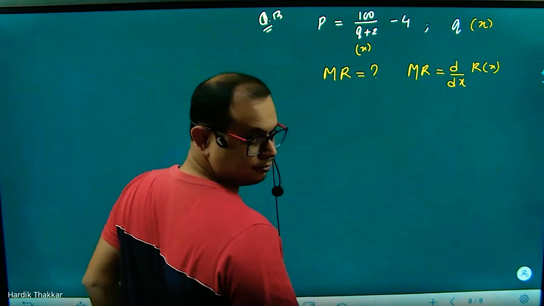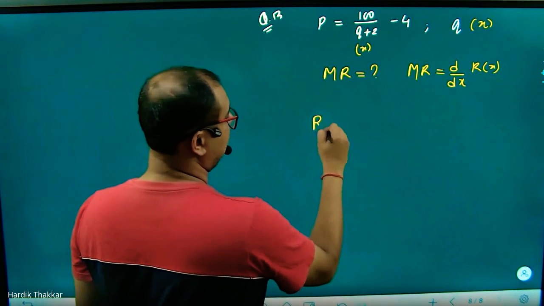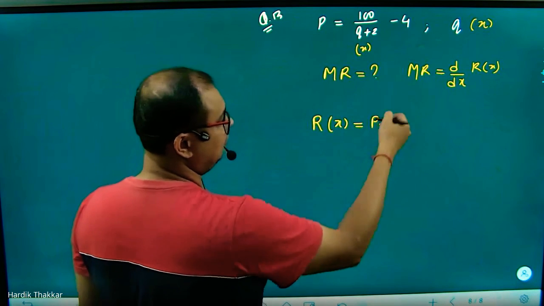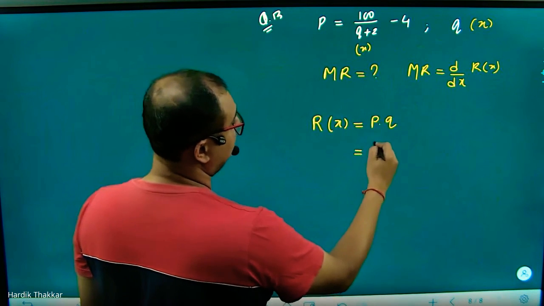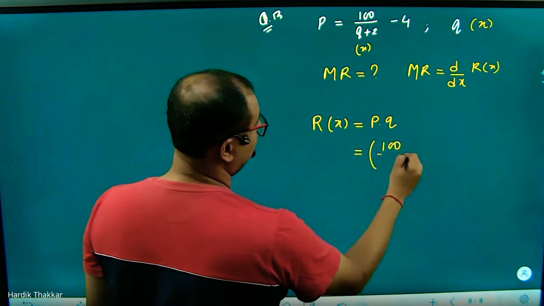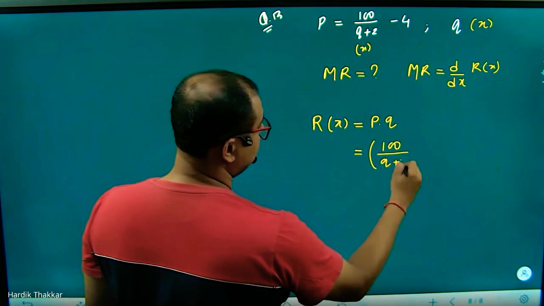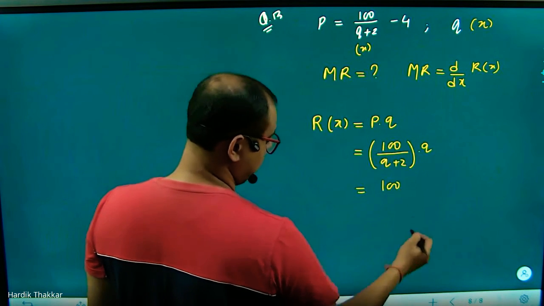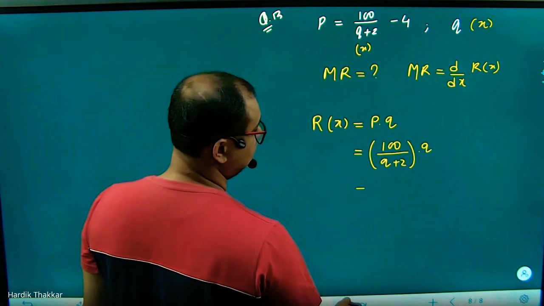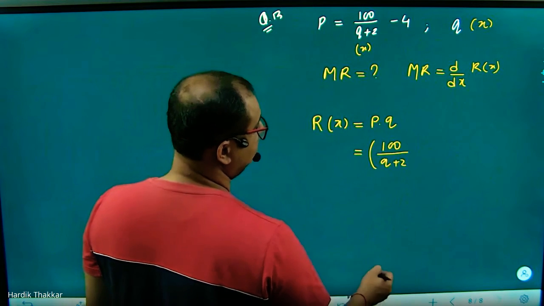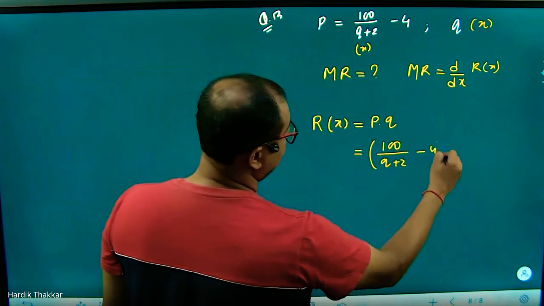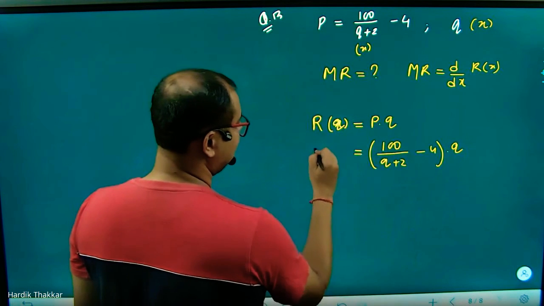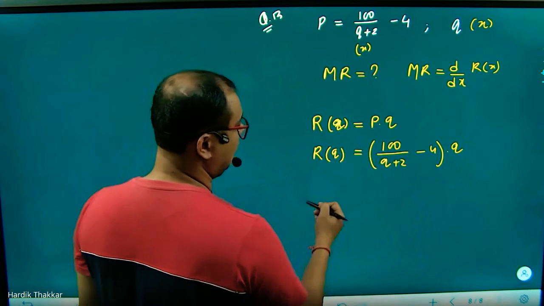So R of x is equal to P into Q, because in place of x we have Q. So here it becomes 100 upon Q plus 2 into Q minus 4 into Q. Represent this as R of Q, not R of x.